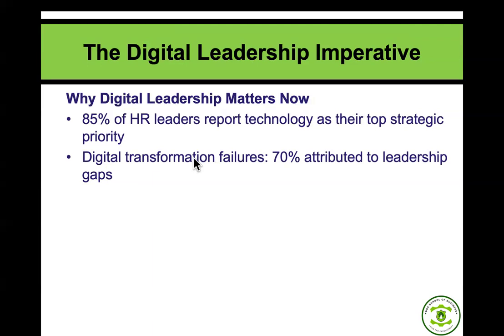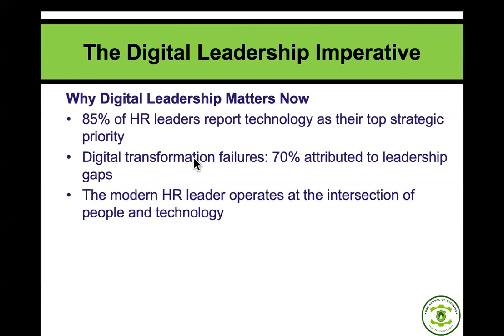If you are weak, it will expose you. For instance, if you are a poor communicator, technology will not fix that. In fact, it might make it worse, because you will not be able to explain exactly why your organization is implementing this particular kind of technology or not.